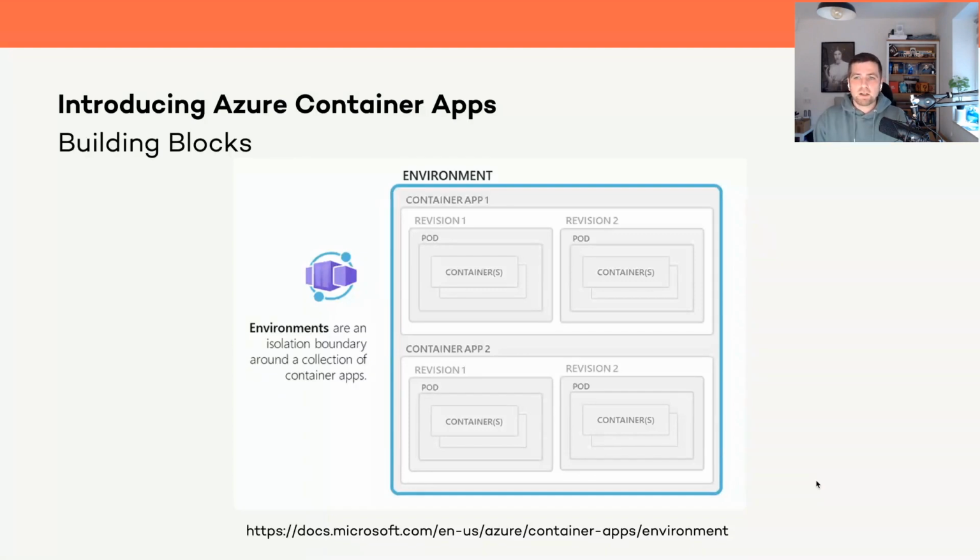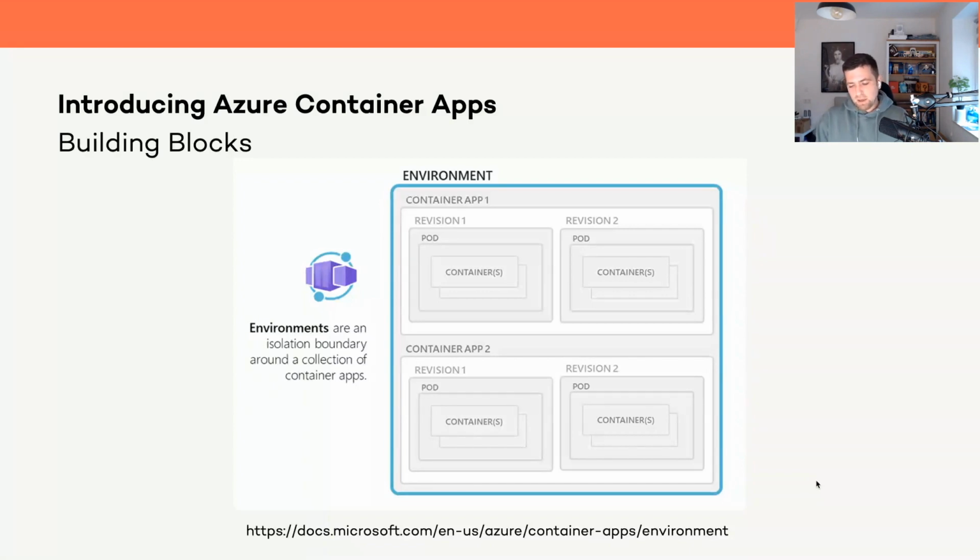And in a container app environment, in the most simple example, we will have just one container app. And container apps can have multiple revisions. But again, in the simplest scenario, there's one revision or one version, which consists of a pod. Pod is a concept that we know from Kubernetes. It's basically a container, let's say, on steroids, right?